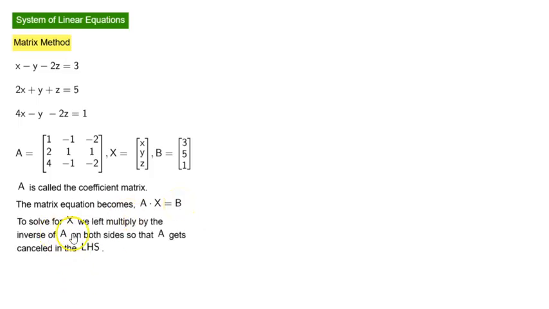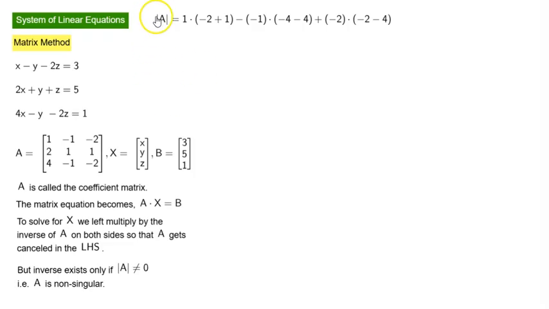Now, to solve for x, we left multiply by the inverse of A on both sides so that A gets cancelled in the LHS. But remember, inverse exists only if the determinant of A is not equal to 0. That is, A is non-singular. So let's evaluate the determinant of A. Since it's a 3 by 3 matrix, we start off along the first row. 1 times minus 2 plus 1, because minus 1 becomes plus.